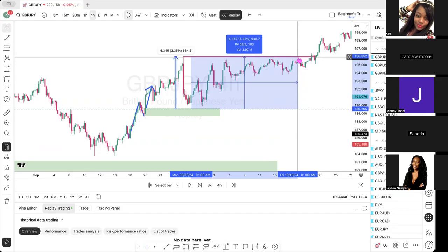That took approximately 18 days. That is more of a swing trade, right? However, once you got in, you were never in drawdown ever again.